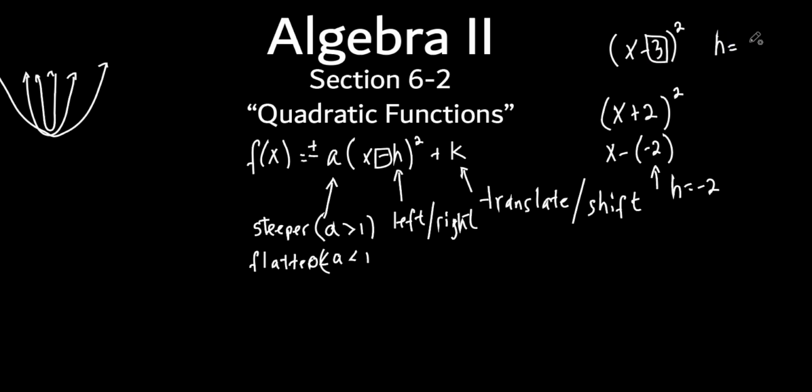It's not negative 3. What is it? It's a 3. But our little formula, our little equation says we subtract whatever the h is. All right. I don't know if that makes it any better or not, but that's why it does that. Let's grab this thing, get that out of the way. All right. So that's pretty important for quadratics. All right. So that's what we're going to use.